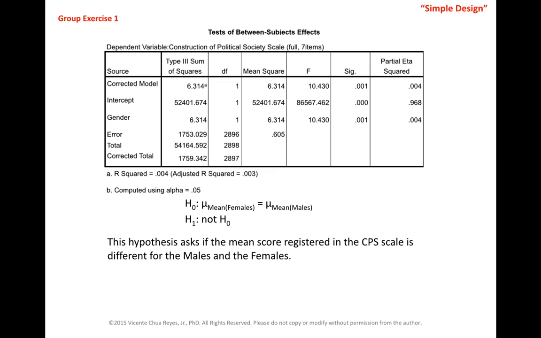The hypothesis asks if the mean score registered in the construction of political society scale is different for males and the females. We know that the scores are different, right? But is this score statistically significantly different?